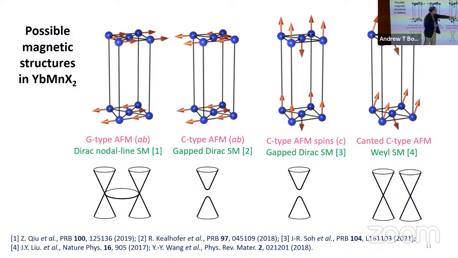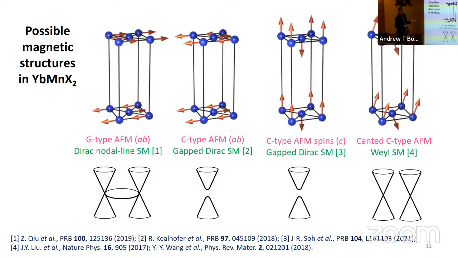If you tilt the structure very slightly so that there's a net ferromagnetic moment in the plane, you split these into two, and they overlap, and you can get two Weyl nodes like this. So I'm showing you this because it illustrates that depending upon the precise details of the magnetic structure, you can get very different features in the band structure.